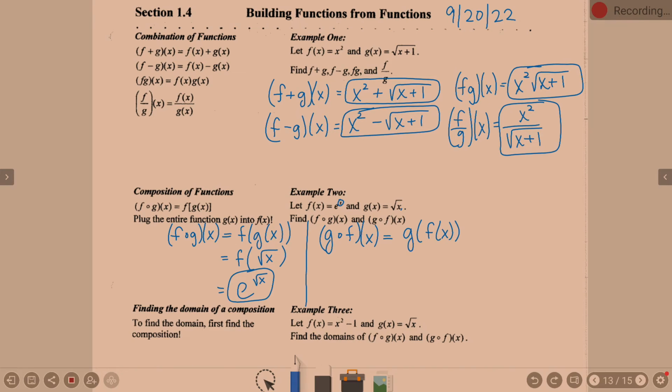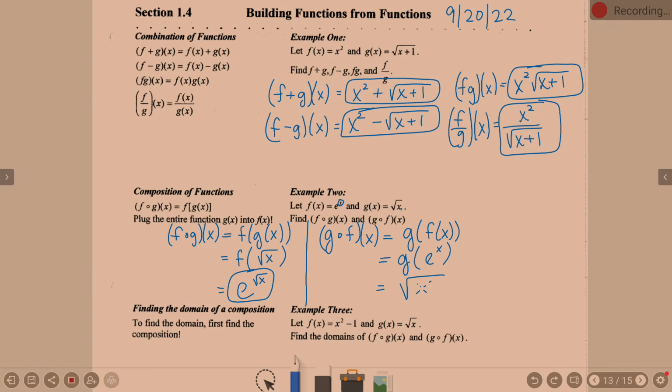Now, if I think about it like I did last time, it's g of what is f? E to the x. If you want to put that step in or not, you don't have to, but that's saying that f is e to the x. It's going to go into g. So every place I see an x in g, it gets replaced with e to the x. So it was square root of x, right?